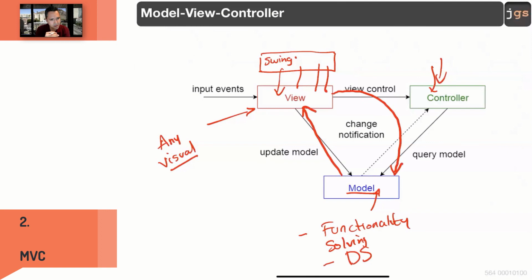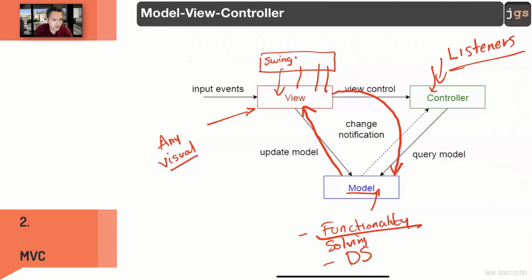Tell me, starting in the view, what are the things that call the model? What are the things that start in the view but end in requesting a functionality? In Java, you use listeners.